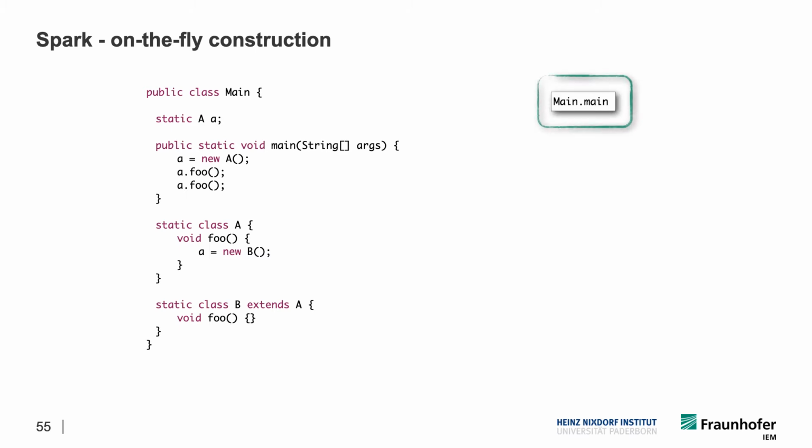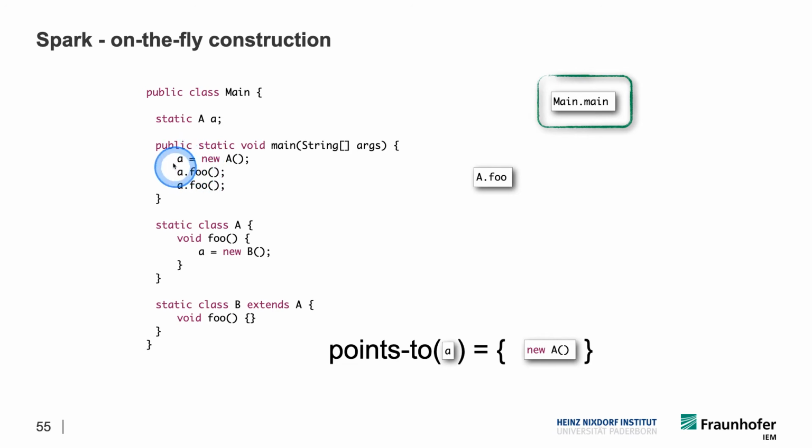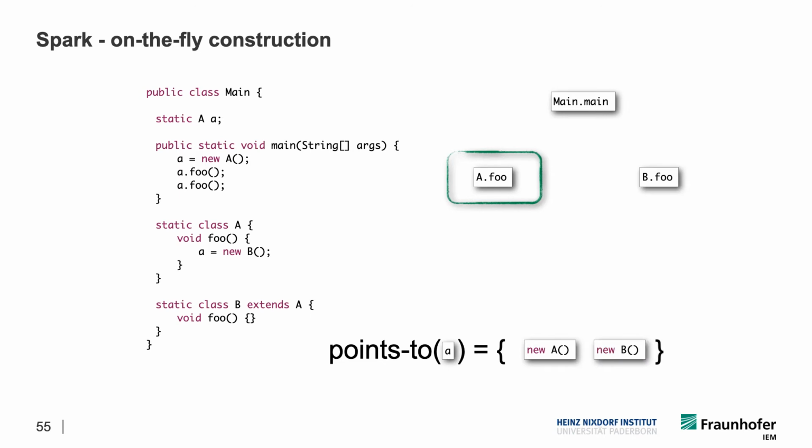Then here we will start looking at main, right? So actually Spark will first analyze this procedure here. Then it will be analyzing foo, because that now has become reachable, because we know that foo now may be called on this type A here, right? So we will now analyze a.foo, and by analyzing a.foo, we now know that A might also be assigned an object of type B. So this points-to set here is actually being extended, and b.foo therefore also becomes reachable.